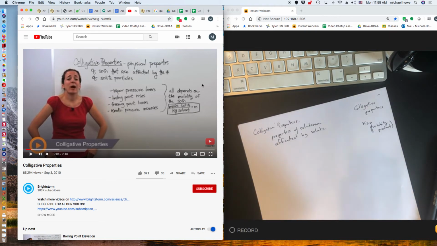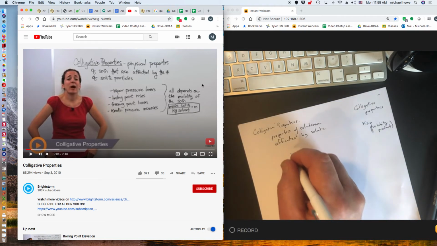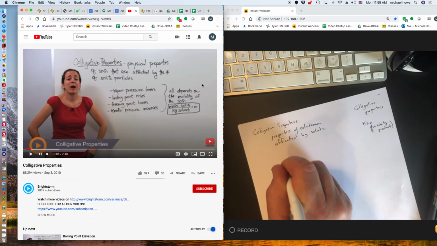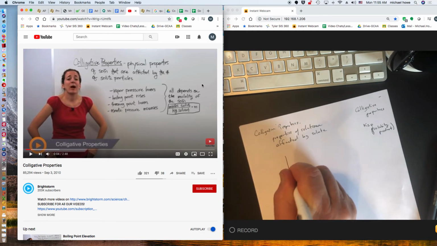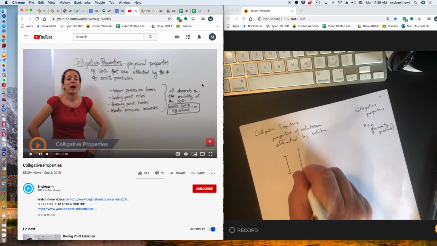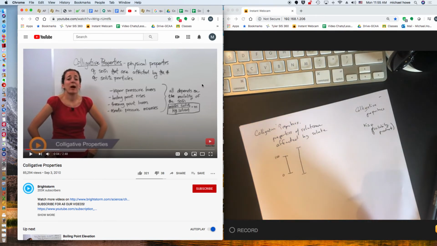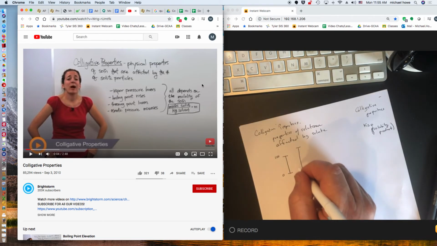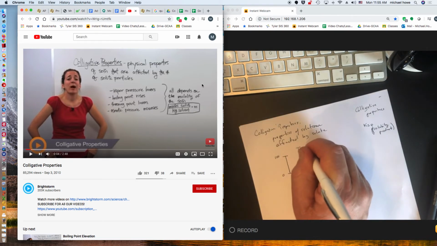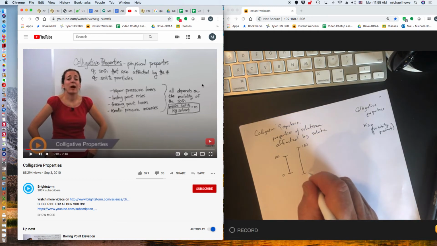So for example, when you put a solute into a solvent, the solute expands the liquid range. So if this is normal freezing and boiling, adding a solute would make the boiling point higher, like it might make the boiling point go to 103 or something for water, and maybe this go down to -10 degrees Celsius.